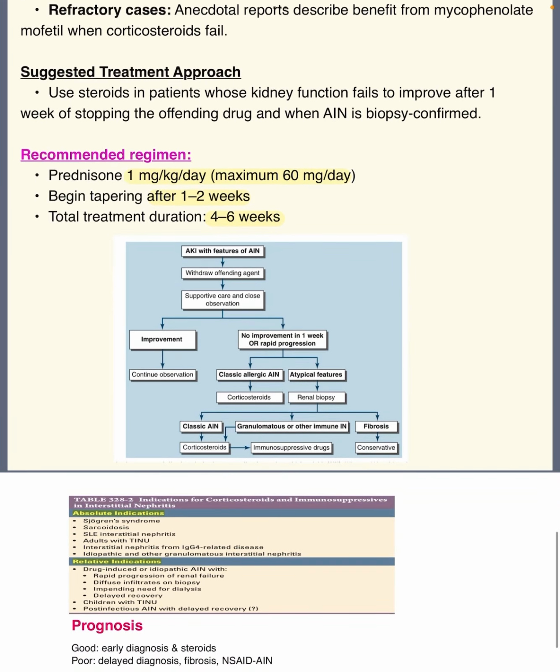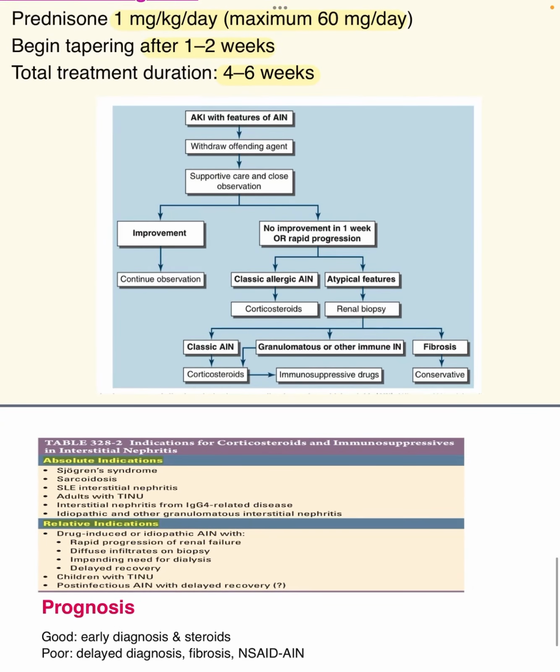So, indications for steroids in acute interstitial nephritis. First is no improvement after 1 week. Then some absolute indications: autoimmune disease association such as Sjogren's syndrome, sarcoidosis, SLE, TINU, IgG4-related disease, and idiopathic AIN that has not improved.